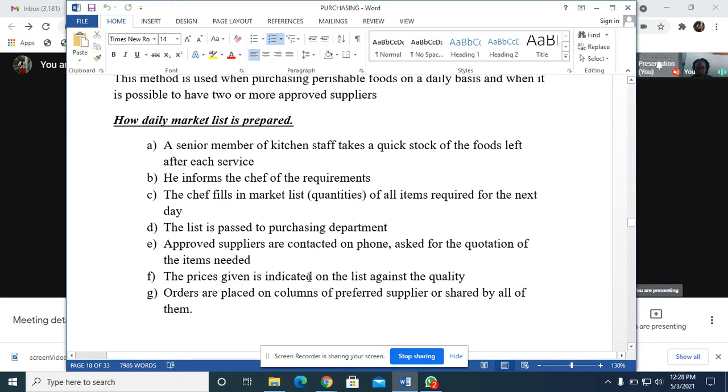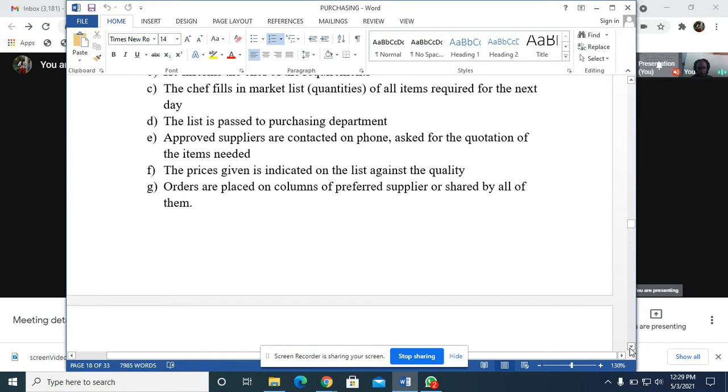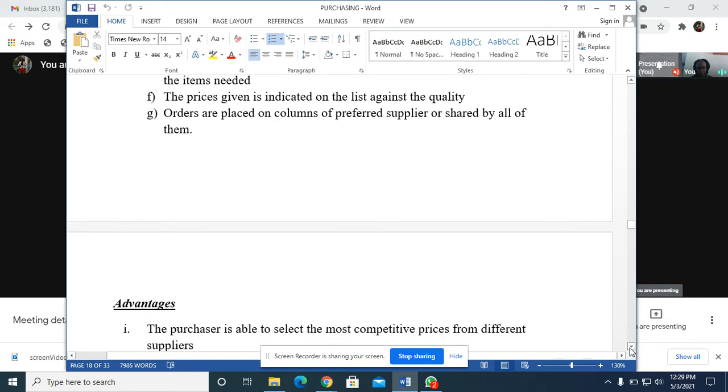So once they quote, the prices given are indicated on the list against the quantity and also the quality. Then orders are placed on the preferred supplier or shared by all of them. So that means that orders are placed so that the approved suppliers can supply the commodities to the catering establishment.